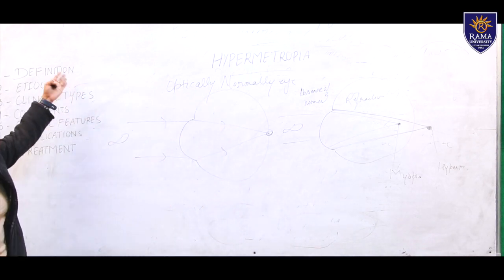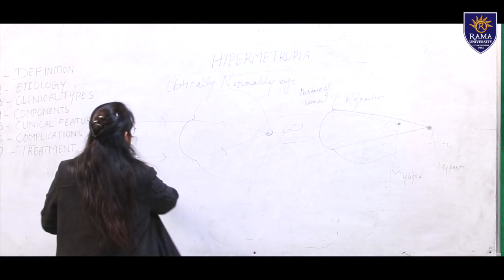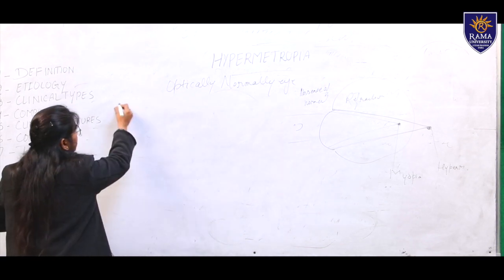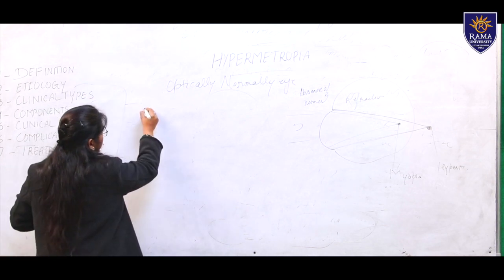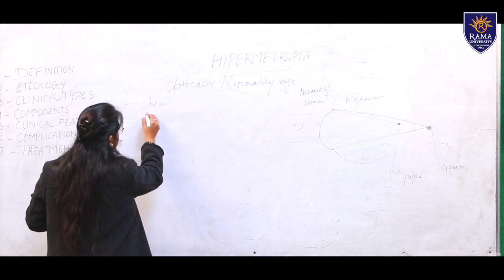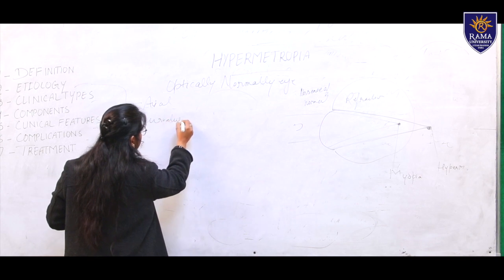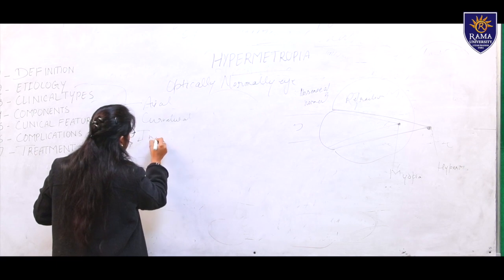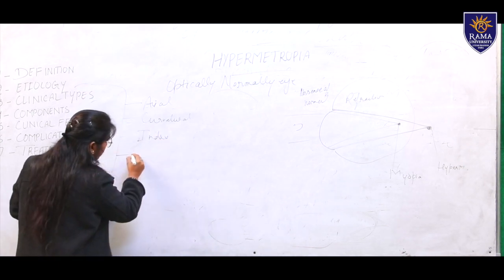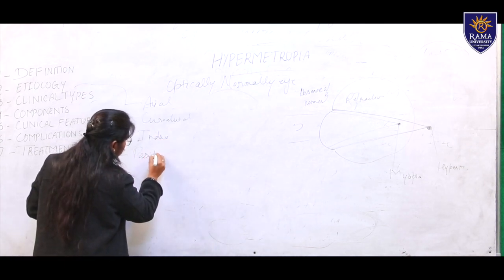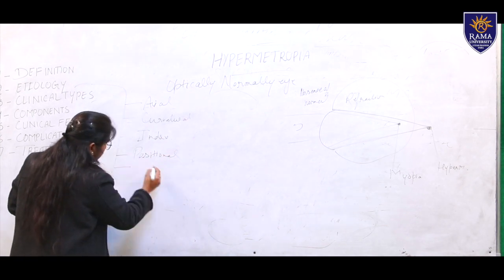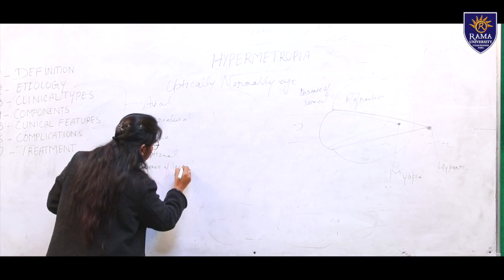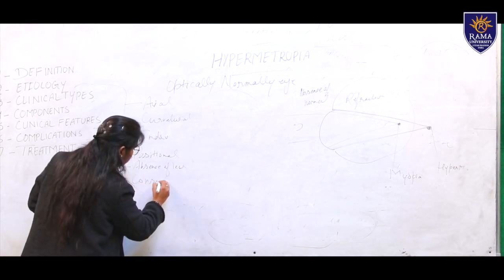Now etiology. What is etiology? Etiology basically means 6 types. First one is axial type, second is curvatural type, third is index type, fourth is positional, fifth is absence of lens, and last one is consecutive.